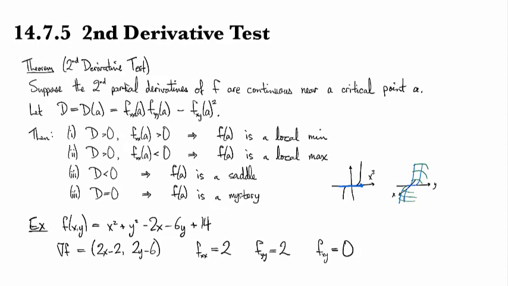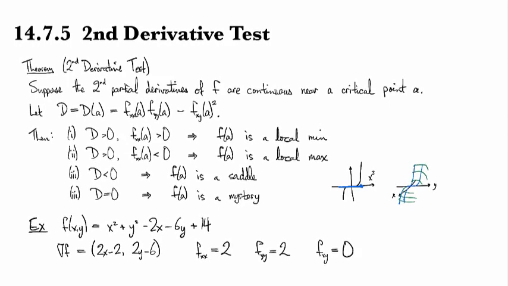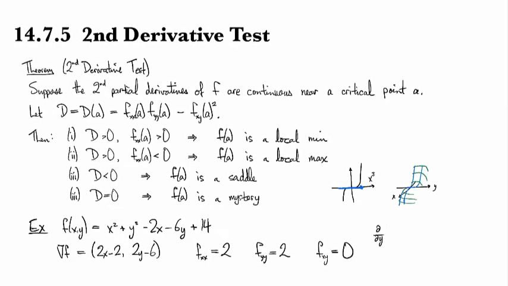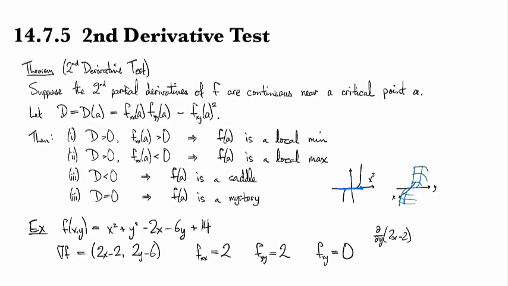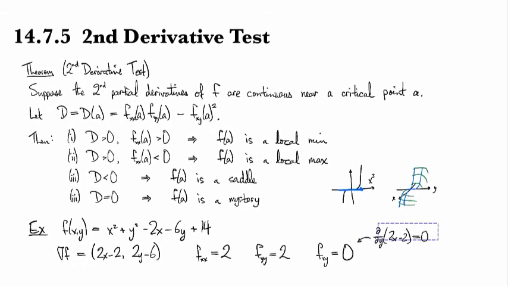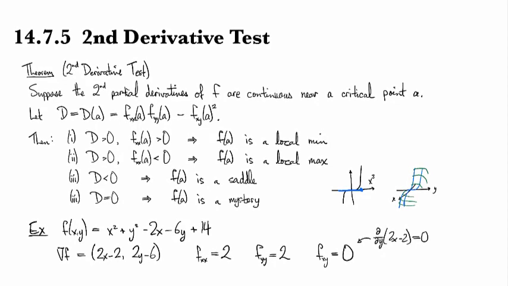In either case, you see that we get 0. For example here, d dy of 2x minus 2 equals 0. That's the computation I'm doing there for that one.